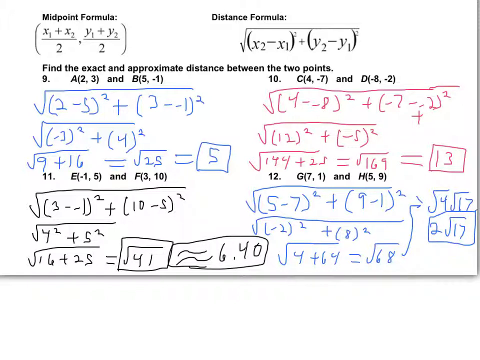And if I enter that into the calculator, 2 times radical 17, or just enter in square root 68, they're the same number. One is just simplified and the other is not. I get 8.25 if I'm rounding correctly, so approximately 8.25.